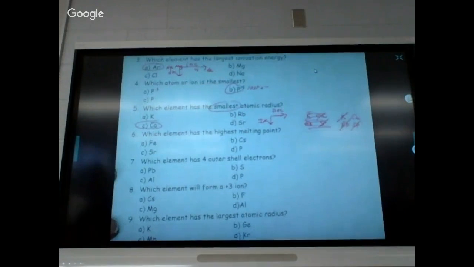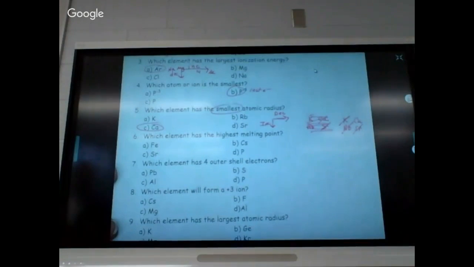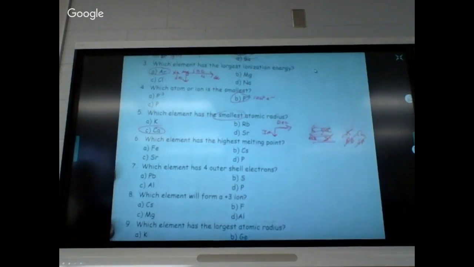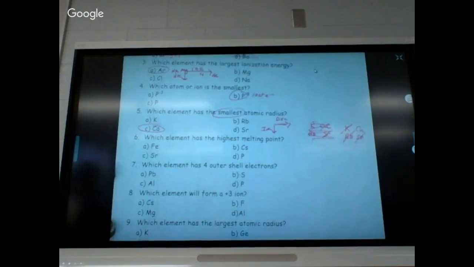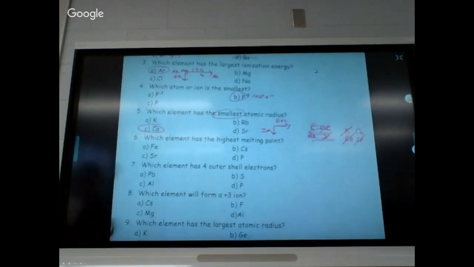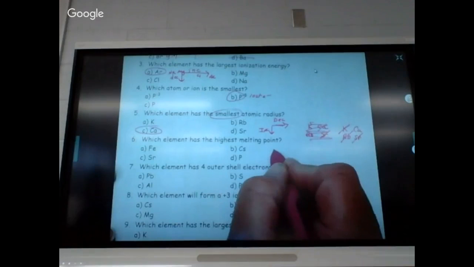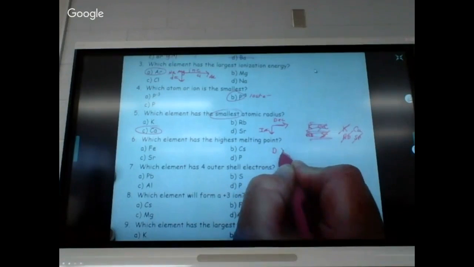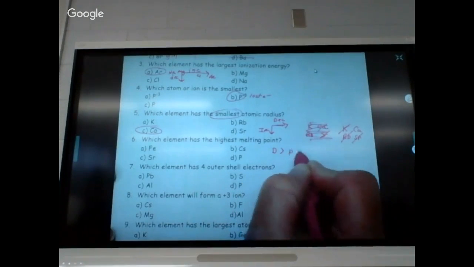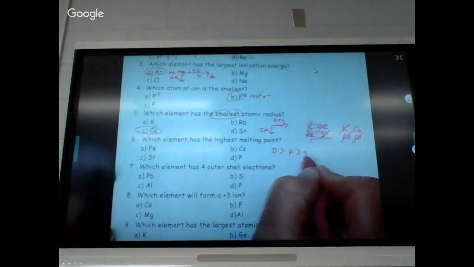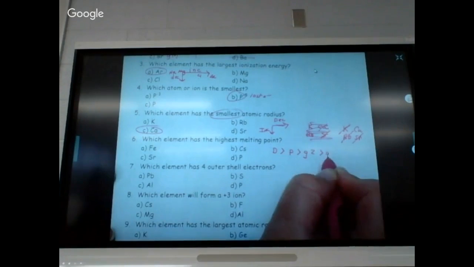All right. Highest melting point would be the trend we worked on yesterday. So do you remember what we said this morning, or is it still really mushy? Okay, so somebody tell us what it is so we can catch Amaja up. Who's the biggest? The D block is greater than, which is greater than, group 1.